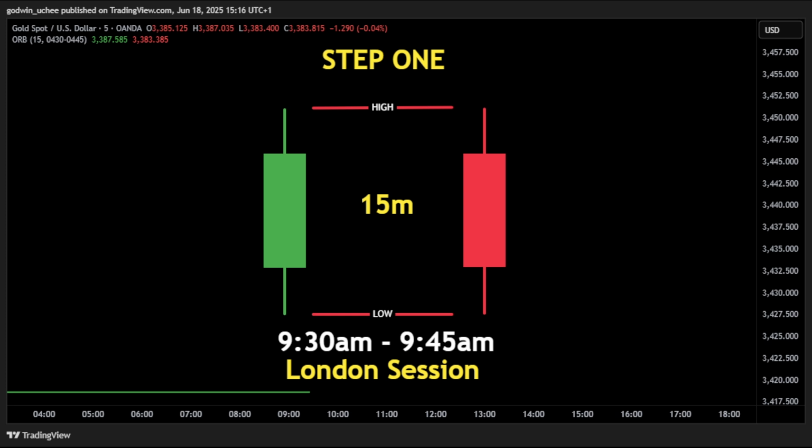What it means is when you wake up in the morning, you go to your London session, you mark out the 15-minute candle starting from 9:30 a.m. to 9:45 a.m. This is your untraded candle. We want to see price trade within this candle. So when you mark out the high and the low of your 15-minute candle, this will introduce us to the next step.